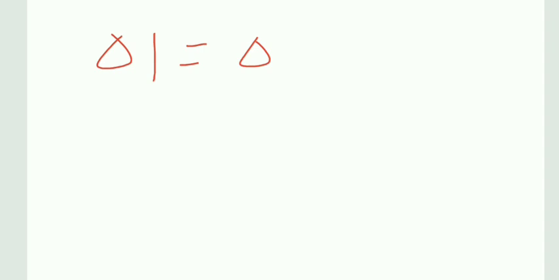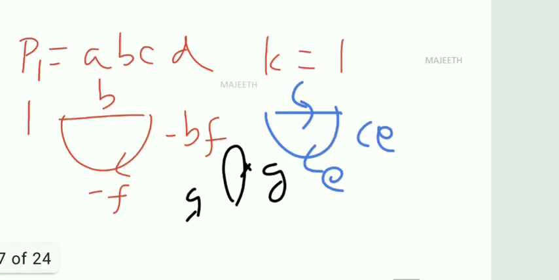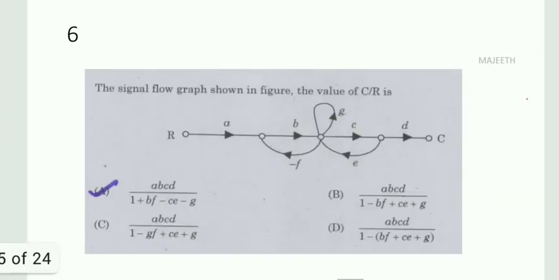So how to find it? We are having the first forward path. For that we have to find the del value. Del 1 is equal to del for that, which is 1 minus the sum of individual loop gains which are not touching the first forward path. But here in our diagram, all the loops are touching the first forward path.